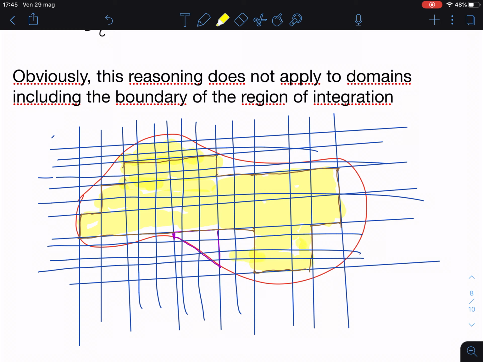This is the key observation. This is why it is necessary to raise the number of rectangles to make a partition which is always finer and finer.